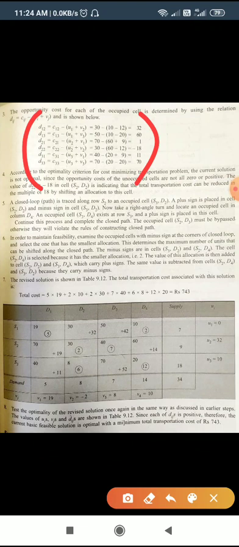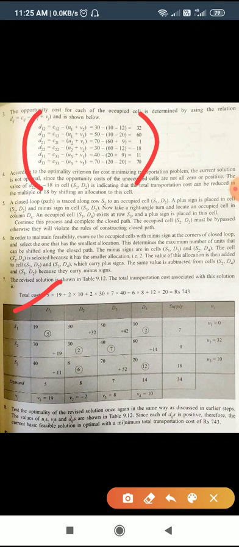If any one of them is negative, or more than one are negative, we choose the most negative value, and we should occupy the cell with the most negative value using the closed loop. After the closed loop, we again check the solution in the next table, check the total cost, and then check whether the solution is degenerate or non-degenerate.